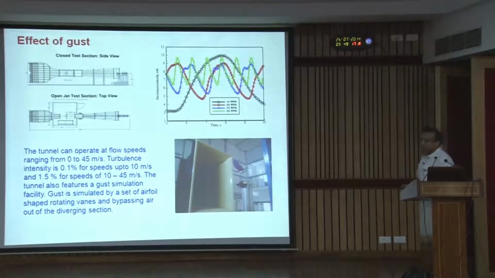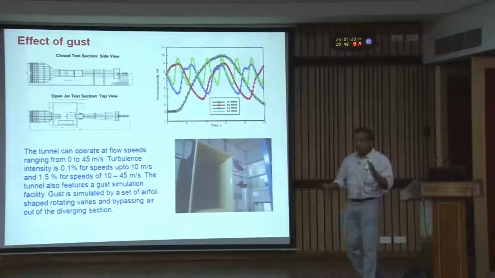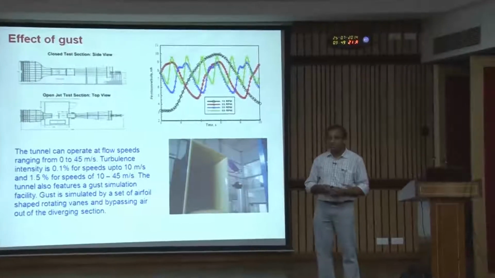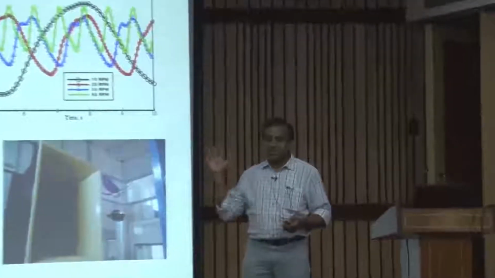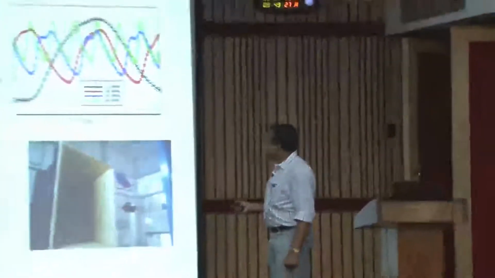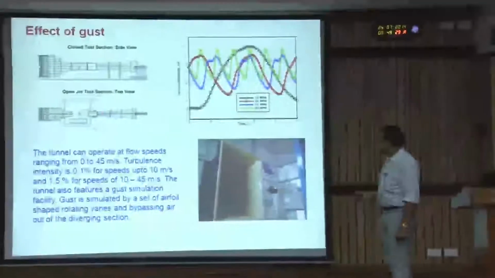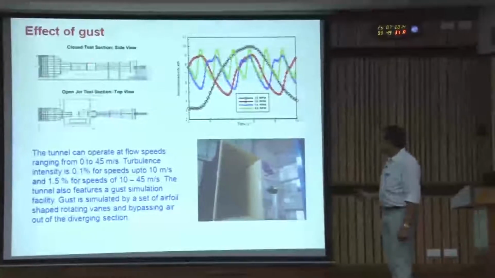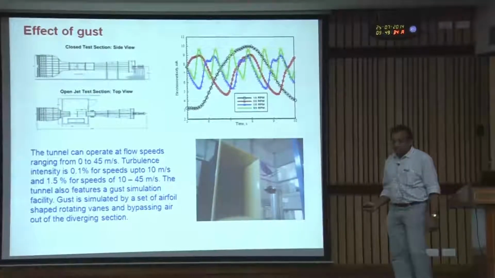Then we also looked at, because this is often a question, how these small flyers will work when there is a gusty situation. This being a MAB tunnel, it has some arrangement in this region to create some unsteadiness in the free stream.